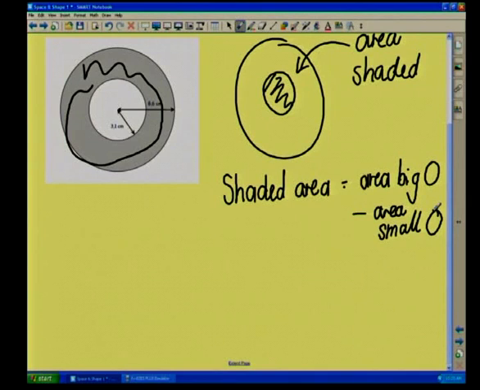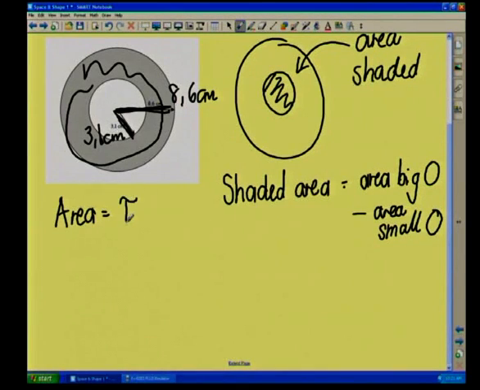Right, it's not probably very clear, but the main big circle, the radius is 8.6 centimeters. And the radius of the small circle is 3.1 centimeters. So, what is the area of a circle?